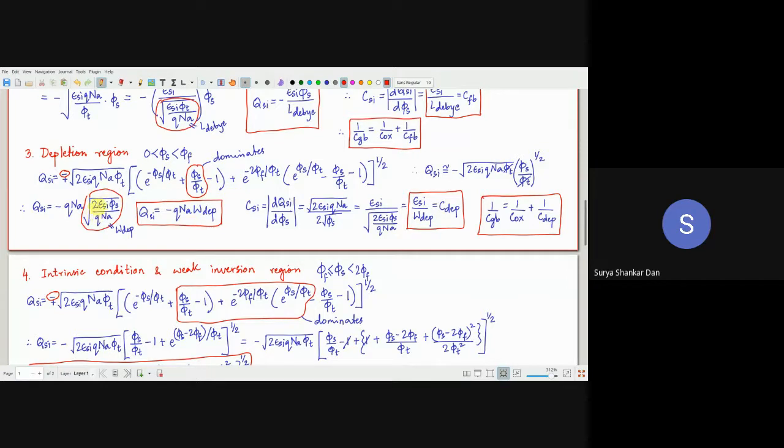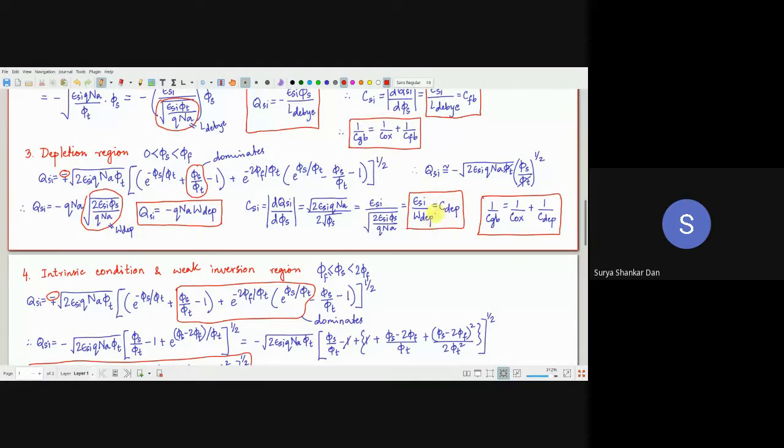And as we have already seen previously, I've been telling you many times, in the depletion region, even though the charges are separated out, distributed uniformly, smeared out throughout the depletion region, it will behave like a parallel plate capacitor. And I have done the mathematics once again, and essentially epsilon Si by depletion width, the equation of a parallel plate capacitor.